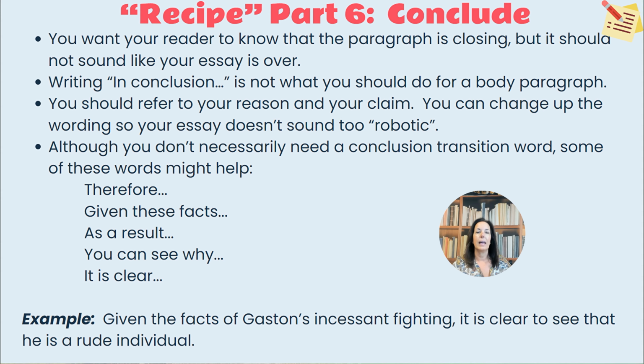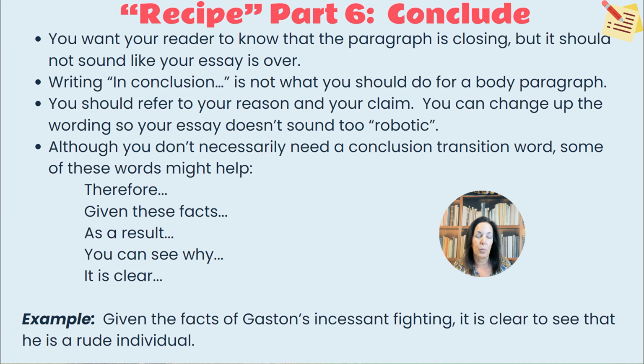Okay. Recipe for part 6, which is to conclude. You want your reader to know that the paragraph is closing, but it should not sound like the essay is over. Writing "in conclusion" is not what you should do for a body paragraph because that makes it sound like your essay is over. You should refer to your reason and your claim.